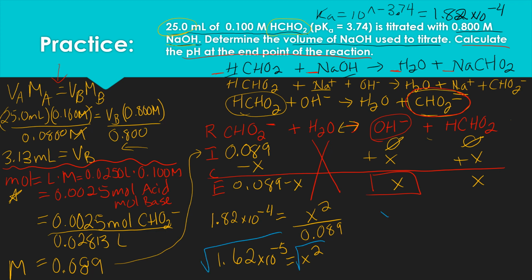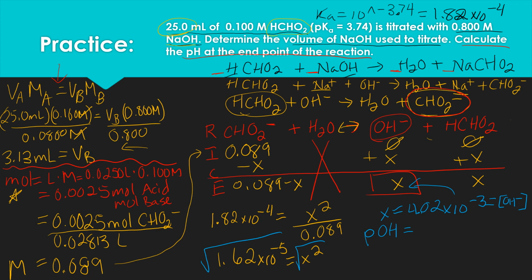So x is going to equal 4.02 times 10 to the negative 3. So that is our x value, which means that's our hydroxide ion concentration. So that equals our OH minus. So that means we can find a pOH.